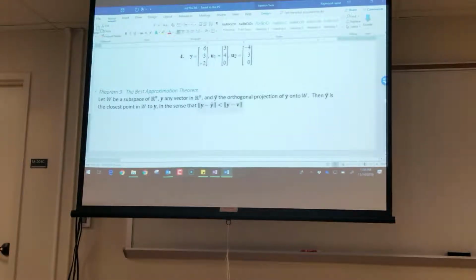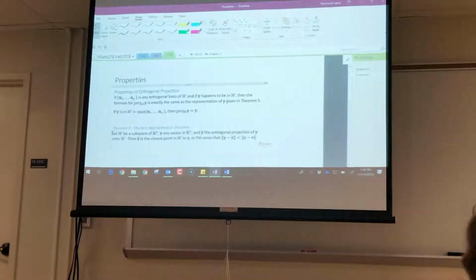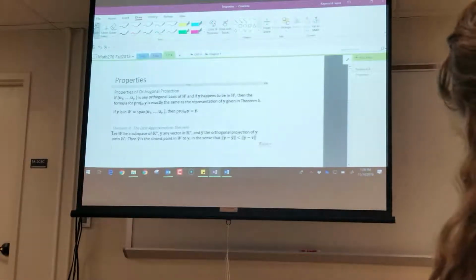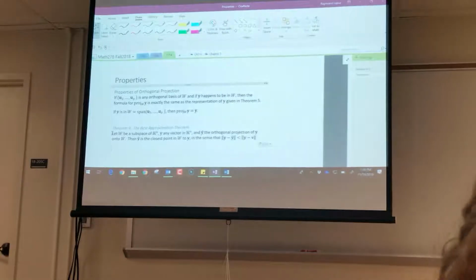The other part of this says that if you project y onto w, then you're going to get y hat, and y hat is on w. Okay? So the dot product of y hat and y is 0, right? Because it's an orthogonal projection.